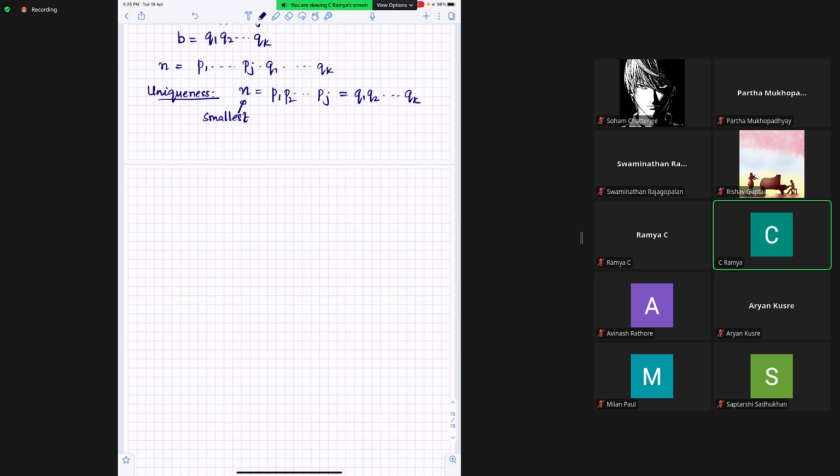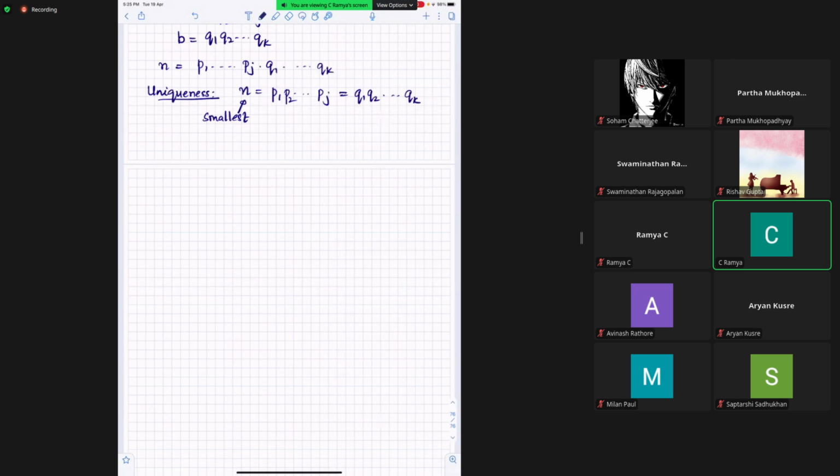Okay. So what can I say from this equation? Given that these are all primes, p1 divides one of q1 through qk. Right. So is that clear to everybody? That this factor divides one of these because these are all prime numbers.